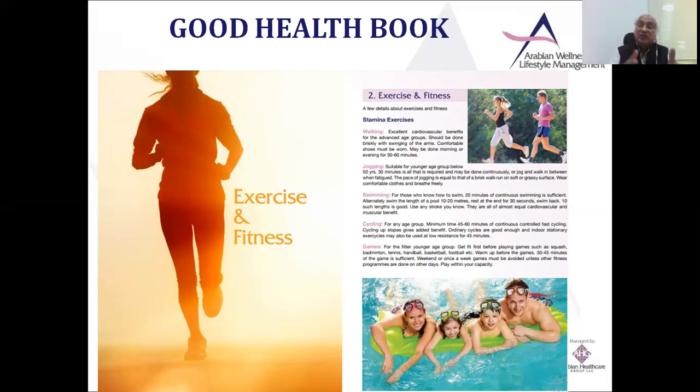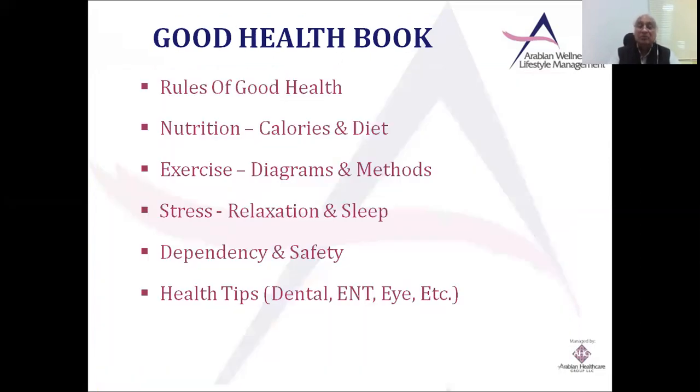The depiction of those exercises is in the Good Health book. The Good Health book contains information about nutrition in all its forms. It lets you know the calorie value of food. It lets you know what is health food.